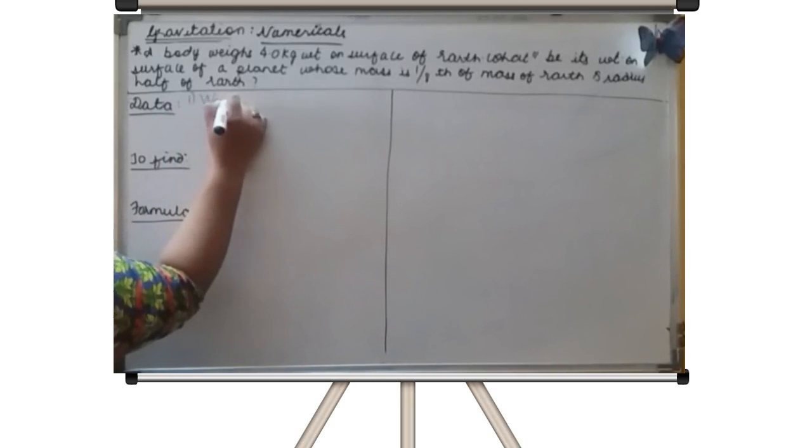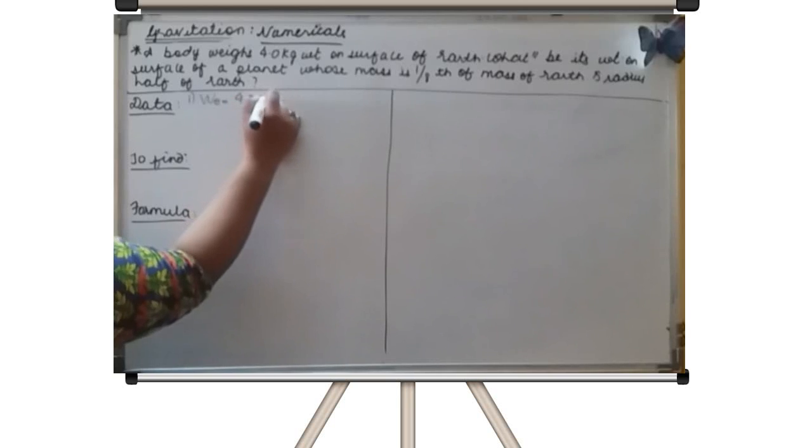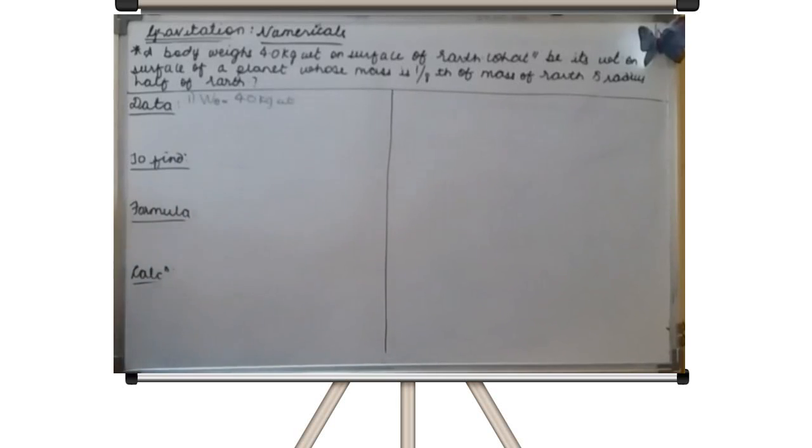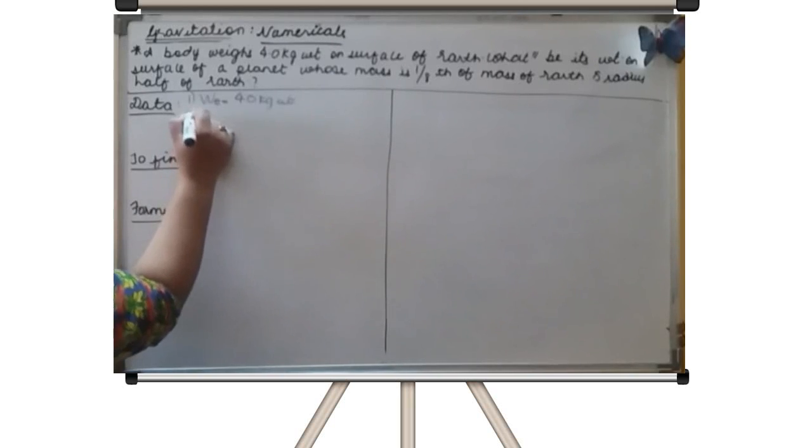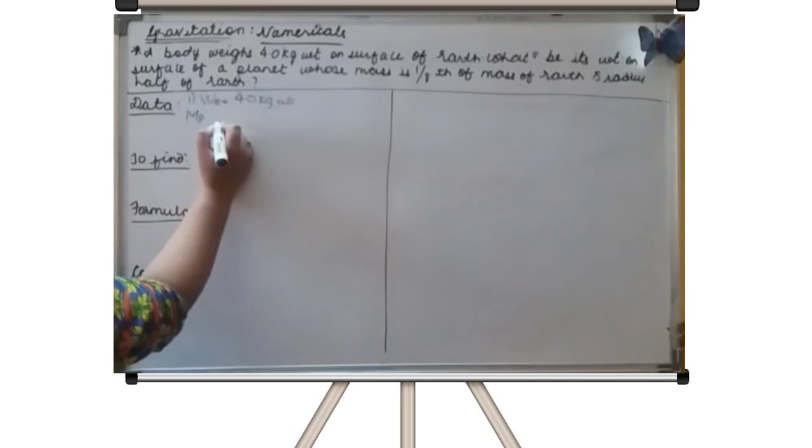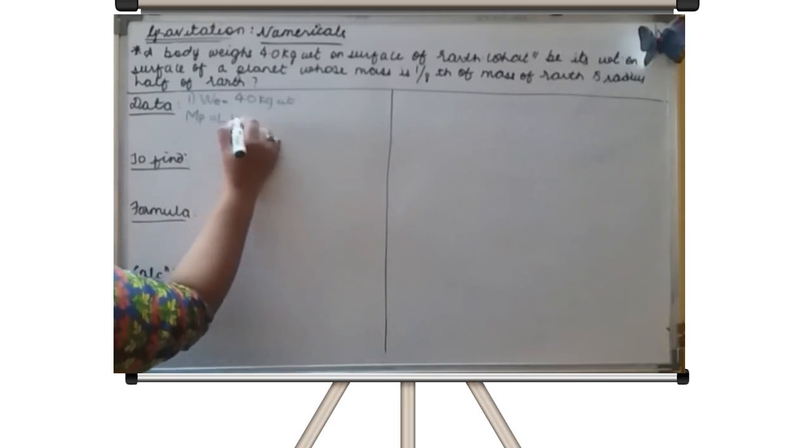First is weight on earth, 4.0 kg weight. Then we are given a ratio that the mass of that planet is 1/8 of the mass of earth.